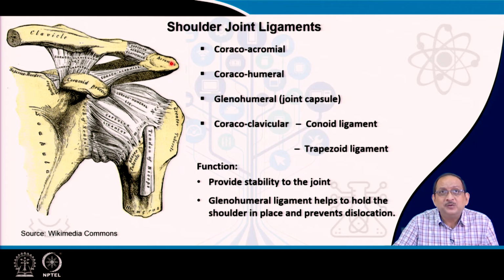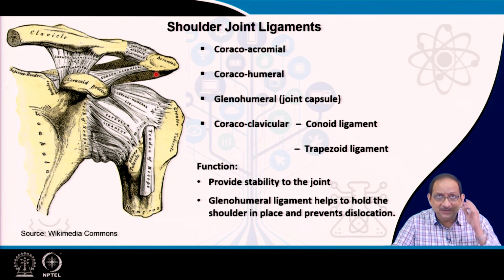Okay? So, these are two bony structures originating from the scapula, but they are located at a distance apart from each other. So, the coracoacromial ligament connects the acromion with the coracoid process.